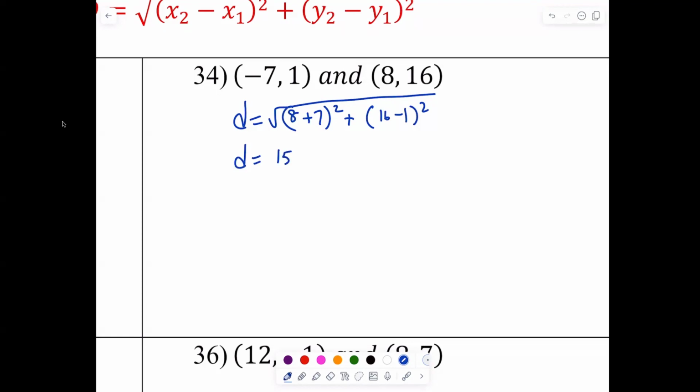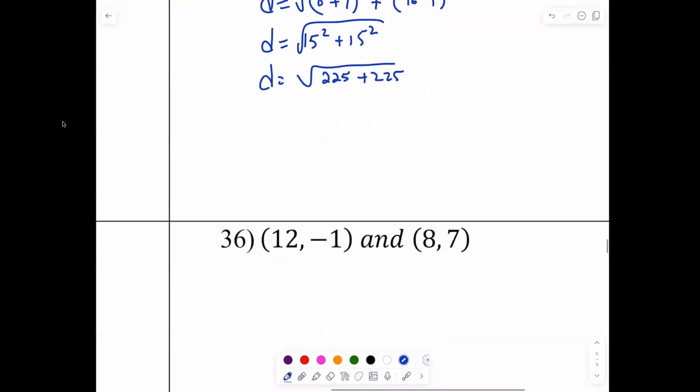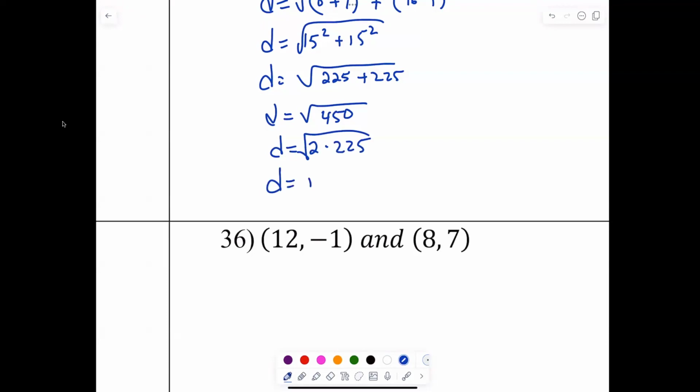Fifteen squared plus 15 squared. D equals the square root of 225 plus 225. D equals the square root of 450. That's 2 times 225. That was kind of a hard one. The square root of 225 is 15, so 15 radical 2.